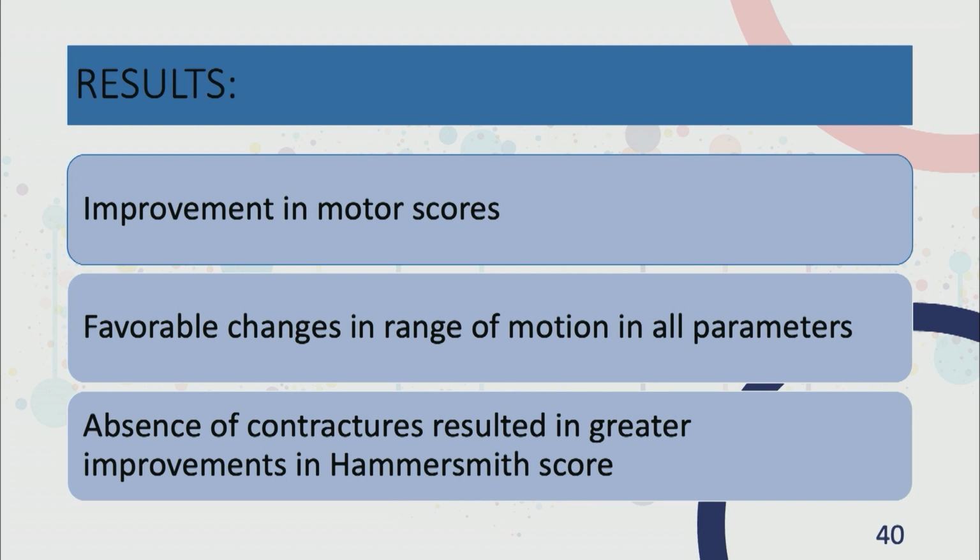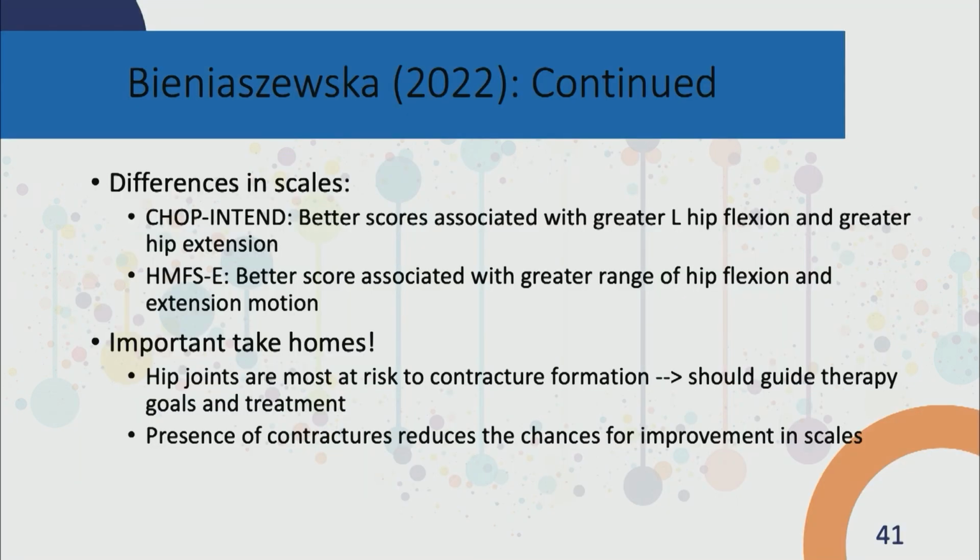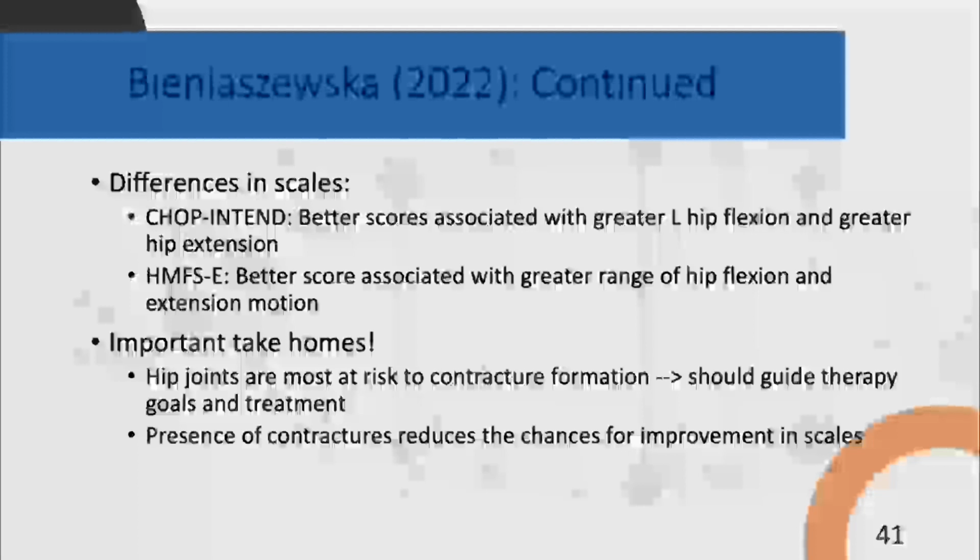They saw no differences from the norms in ankle dorsiflexion, shoulder flexion and abduction, elbow flexion, and forearm pronation and supination. And finally, for those that received the CHOP and TEND, better scores were correlated with left hip flexion and hip extension. And for those that received the Hammersmith, better scores were correlated with greater hip flexion and extension motion.